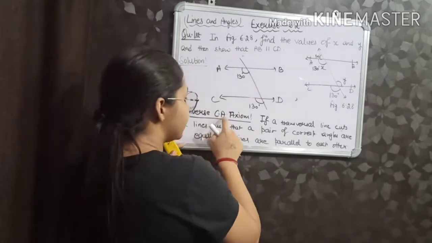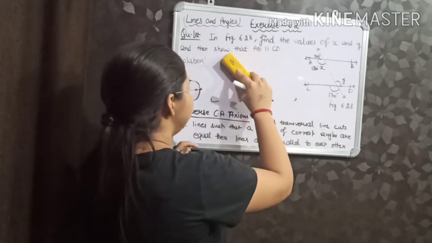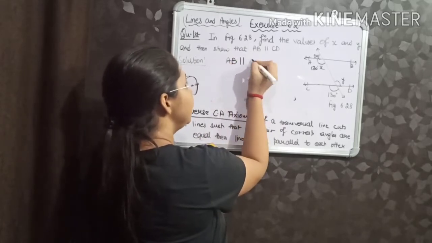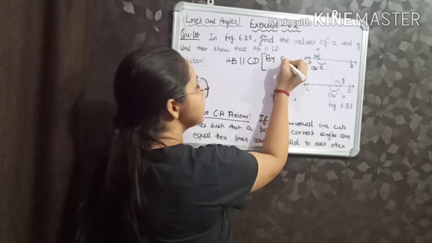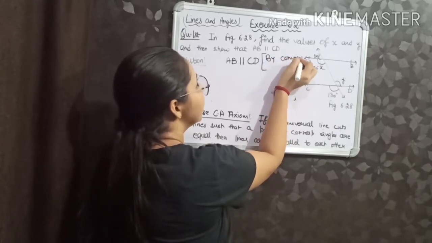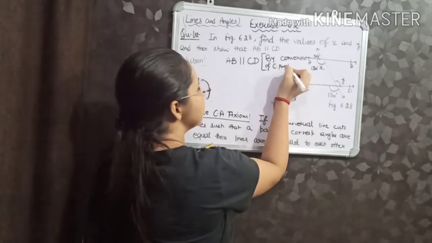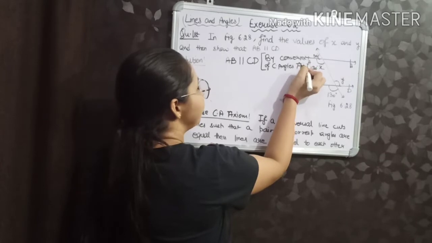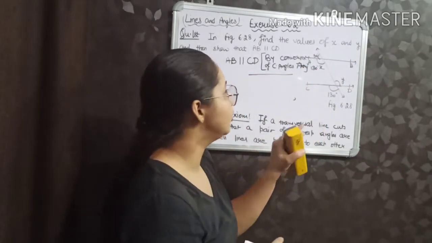So by the converse of the corresponding angles axiom theorem, we can say that AB is parallel to CD. The reason is the converse of corresponding angles theorem or axiom.